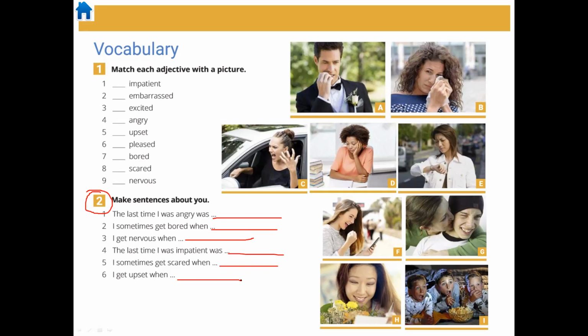If you want, you can write down the answer into your student book, or if you prefer, you could use your notebook to write down the answers. So please go ahead, finish those, and I'm going to give you 3 minutes.